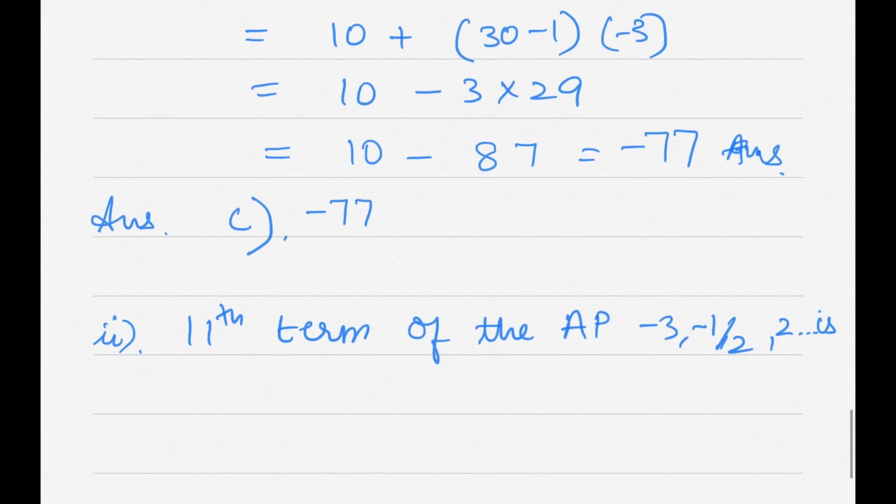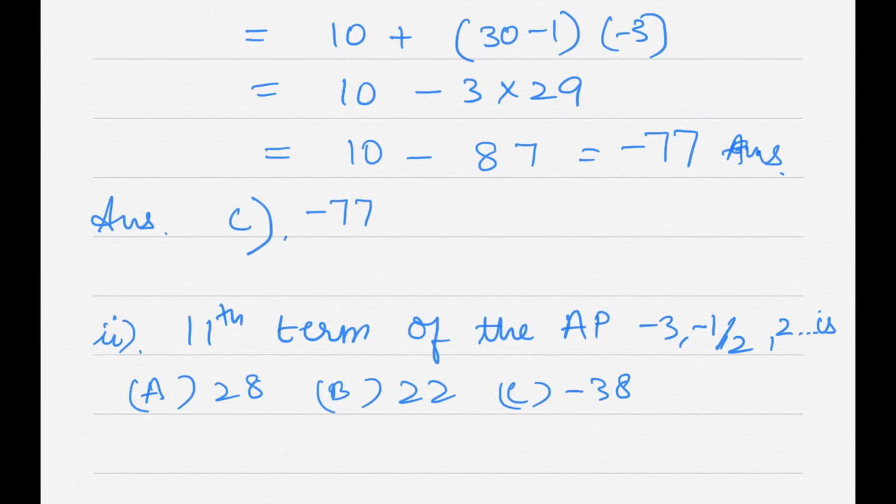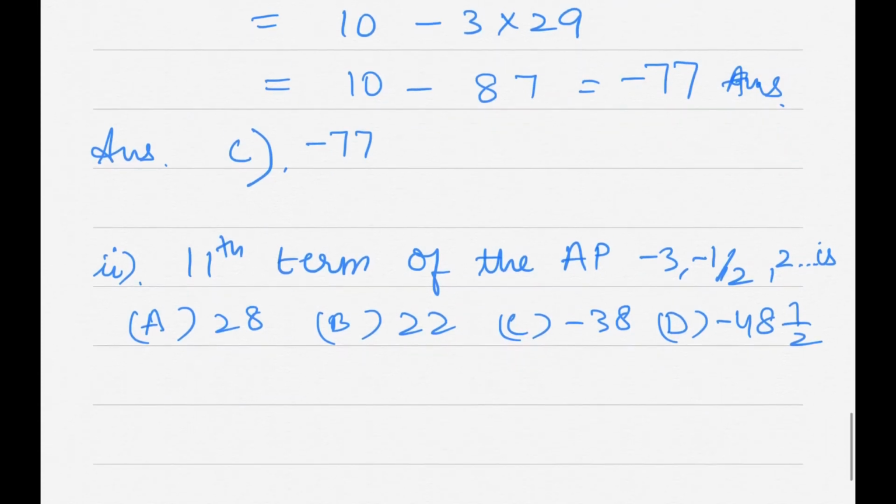Okay, options are given to me. A is equal to 28, B is equal to 22, C option is minus 38, and D option is minus 48 and a half. Okay, so now let's see what is given to us.